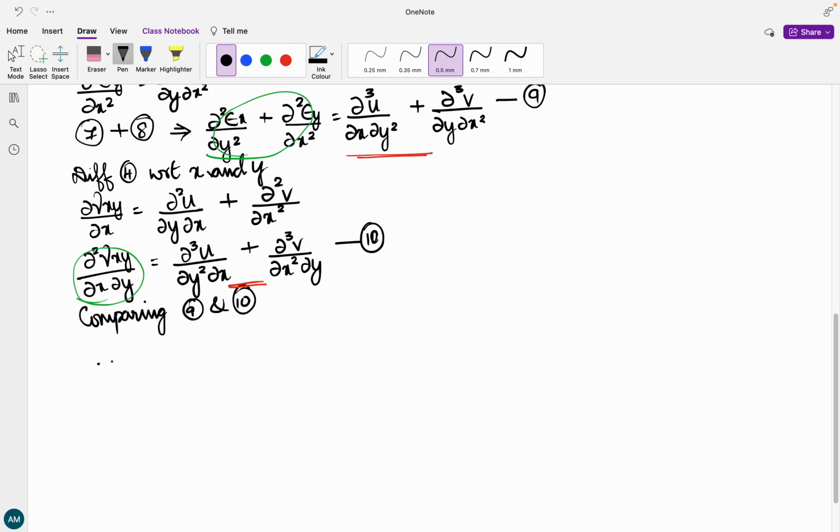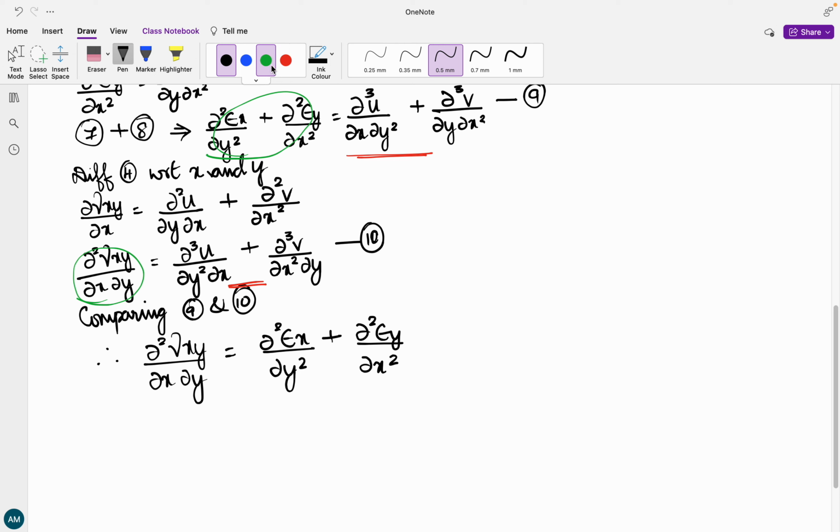So I can write, therefore, ∂²γxy divided by ∂x∂y is equal to ∂²εx by ∂y² plus ∂²εy divided by ∂x². This is nothing but the compatibility equation.